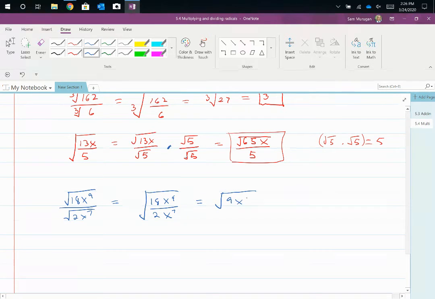And then we use the property of exponents here to subtract the powers, 9 minus 7. So this is the square root of 9x squared. So 2 into 2 is 1x, and the square root of 9 is 3.